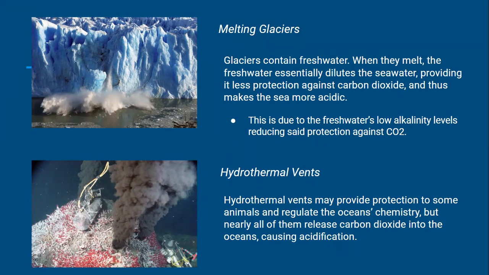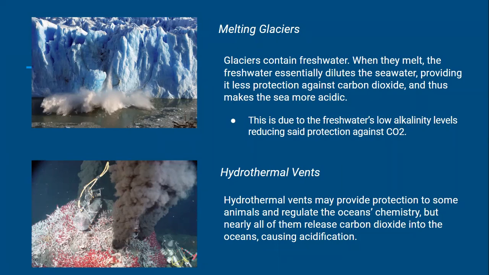However, glaciers contain frozen freshwater, and when they melt, it's bad for the ocean because the freshwater dilutes the seawater and provides it less protection against the carbon dioxide that gets stored into the atmosphere and then to the hydrosphere. Also, because freshwater has low alkalinity, this makes the sea more acidic as carbon dioxide goes inside the ocean.